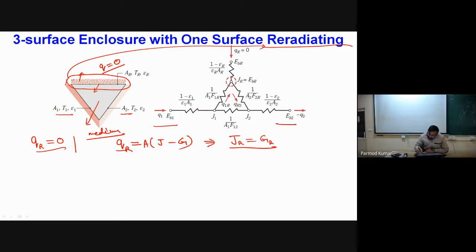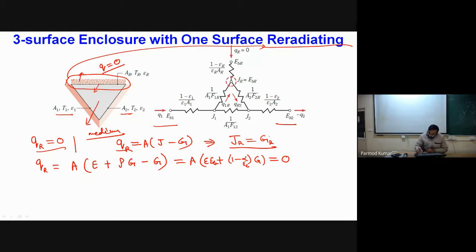We also have another formulation of Q, which is A times, in place of J, if I write E plus reflected radiation, into G minus G. So this becomes A times E plus 1 minus alpha into G, and if I make this equal to 0, with E I can write epsilon into EB, and alpha I can write as epsilon.